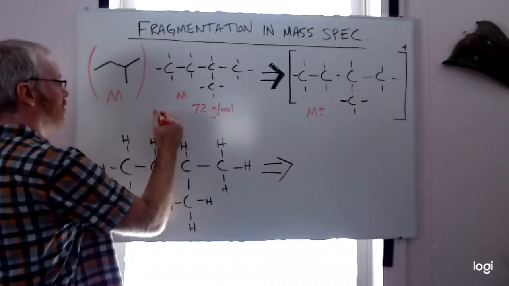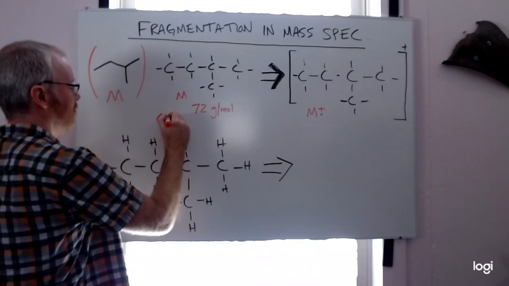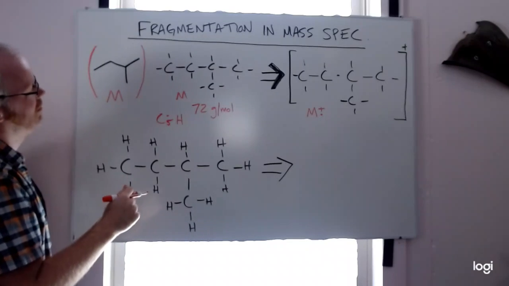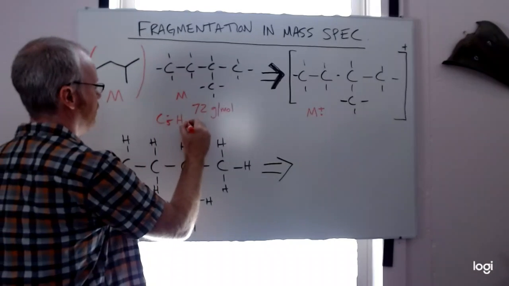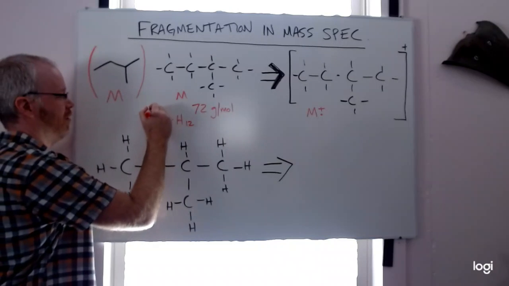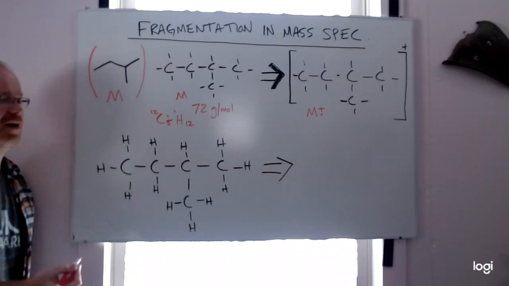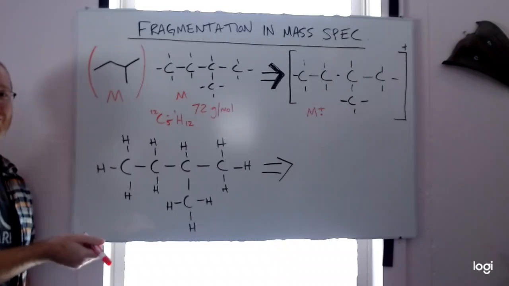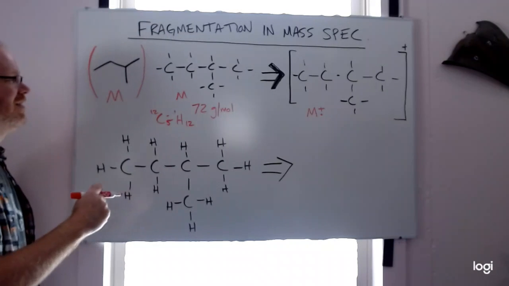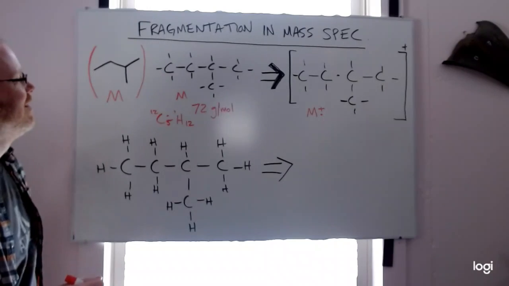So if we've got C5H12, that should add up to 72, 12 for every carbon and 1 for every hydrogen, right? If I've done some math incorrectly, put it in the comments if you're in my class. Actually, extra credit for pointing out mistakes.